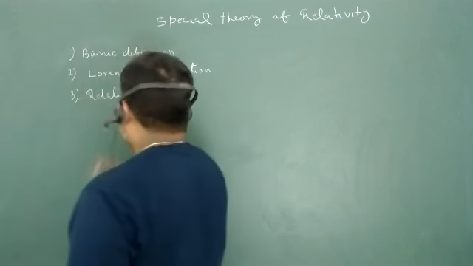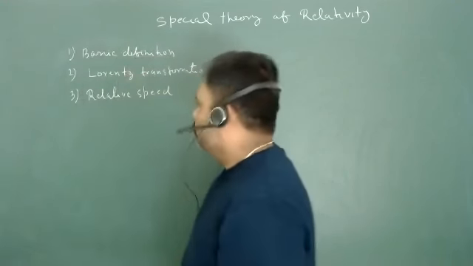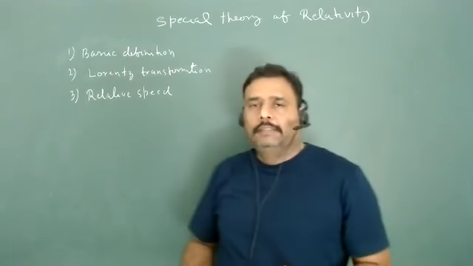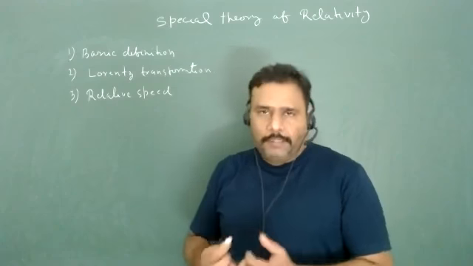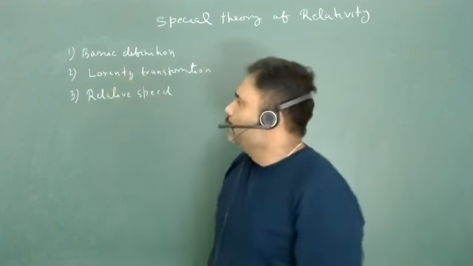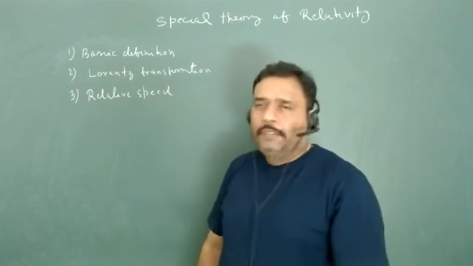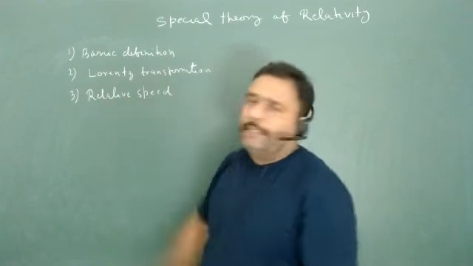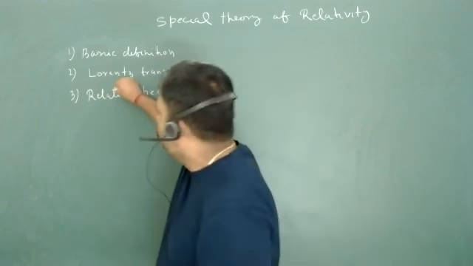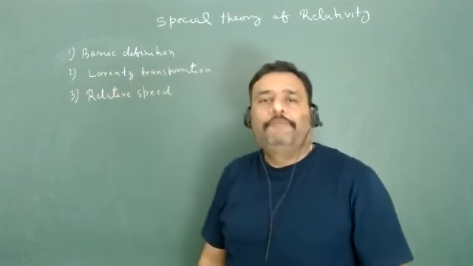These two things are very much correlated to each other, and these are the basic core of the subject. Once we learn these two things, we will apply the Lorentz transformation and relative speed on different applications, and we will try to see different types of phenomena.